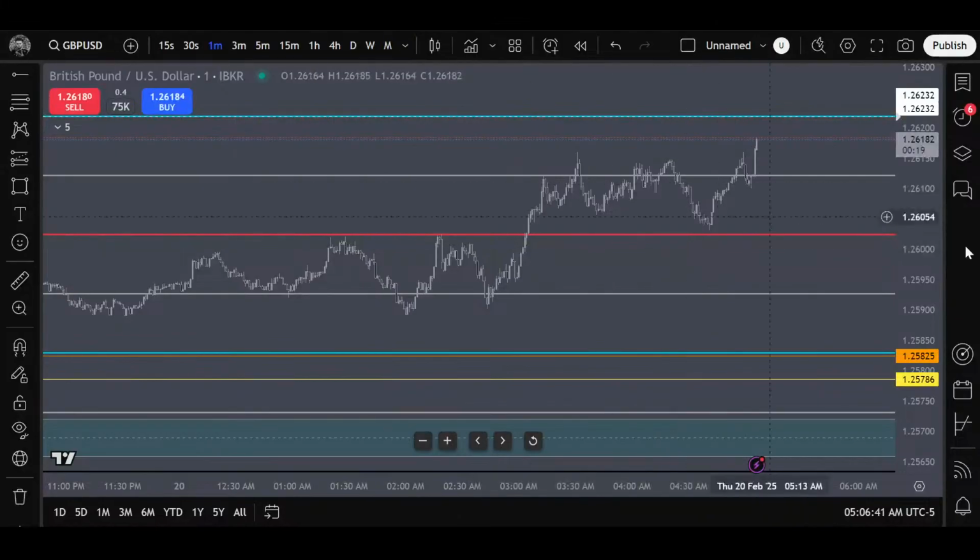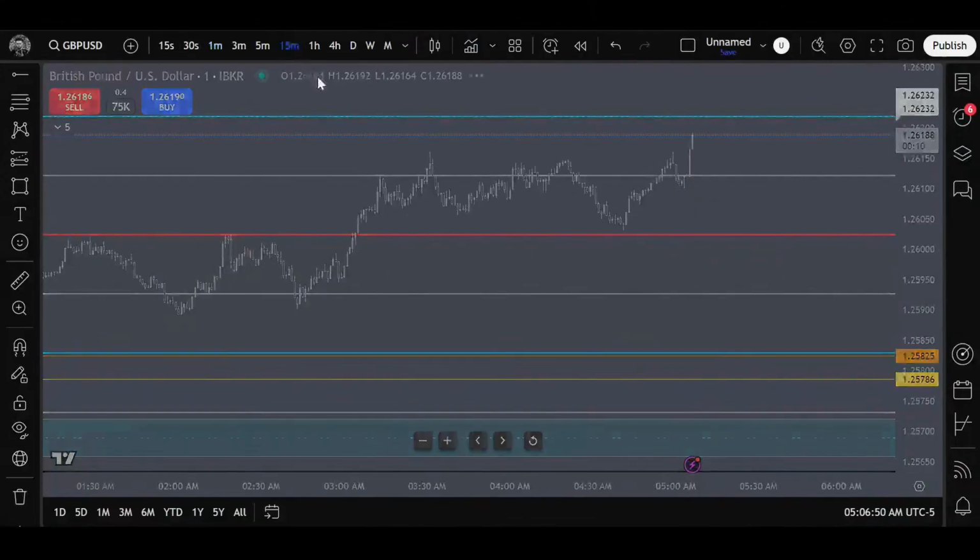If not, then I'll have to change my internet over. But yeah, right now we're just looking at the GBP USD chart.